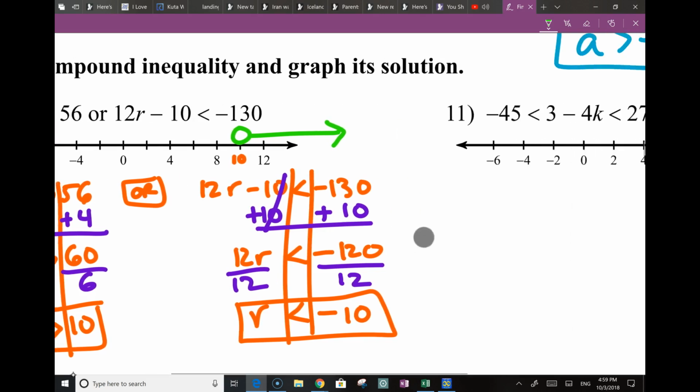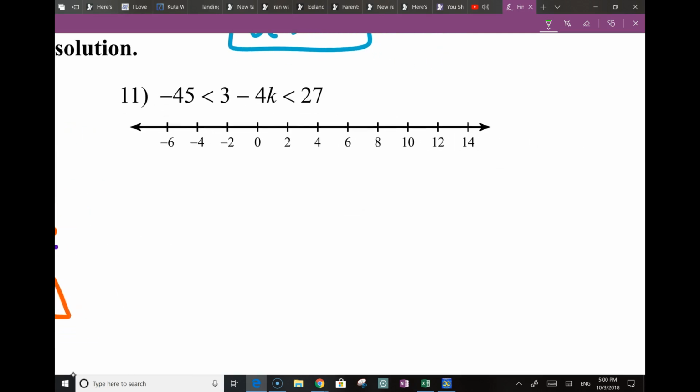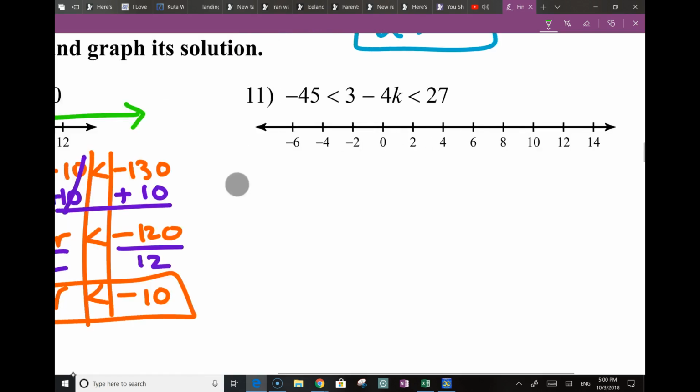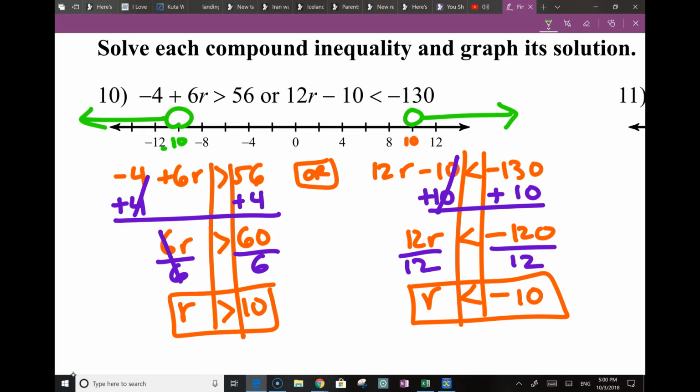All right, number 11. So this is also a compound inequality, but it's set up differently. And the reason for that is just because of the difference in their types. So let me go back to number 10 for a second. If you look at the graph here, everything looks very disconnected, right? That's because it is.